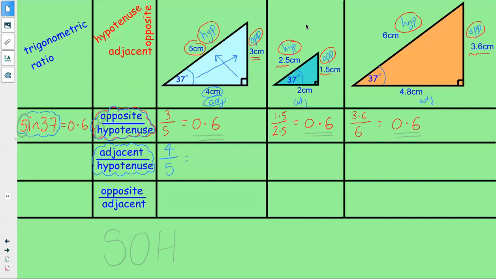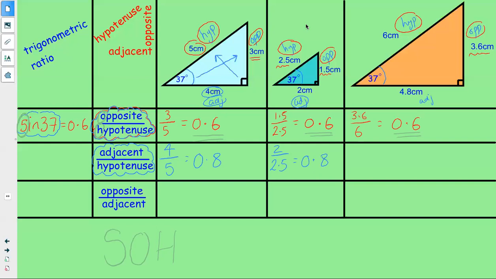And if I do 4 divided by 5 on my calculator, I will get an answer of 0.8. I'm assuming you're going to guess what's going to happen next. So for the next triangle, the adjacent is here, and that side is 2 centimeters, and the hypotenuse is 2.5. If I do 2 divided by 2.5 on my calculator, I get an answer of 0.8.